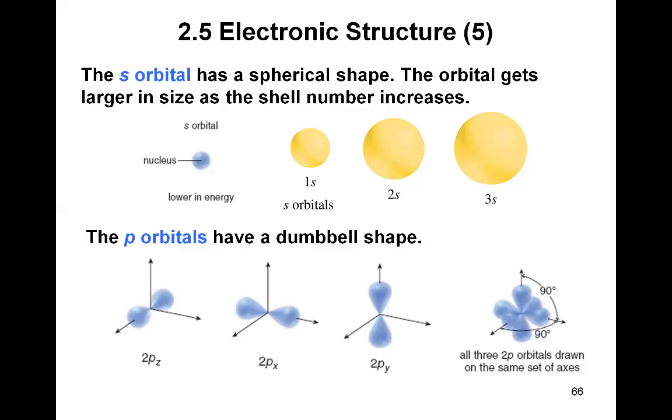So the difference between the 2p orbitals and the 3p orbitals, for example, is that they're both centered around the nucleus, but the 3p orbitals would just be a larger dumbbell, including the 2p orbitals.